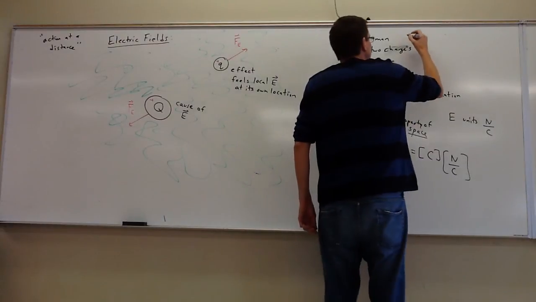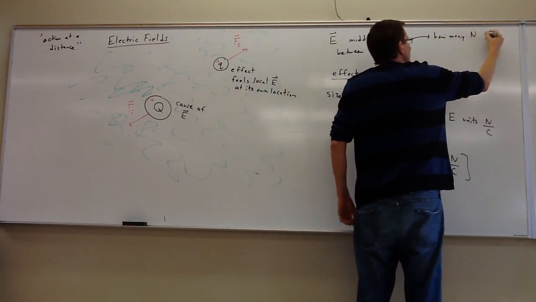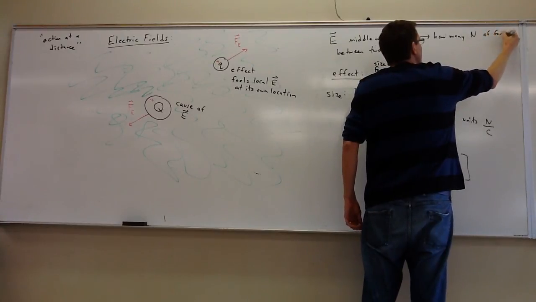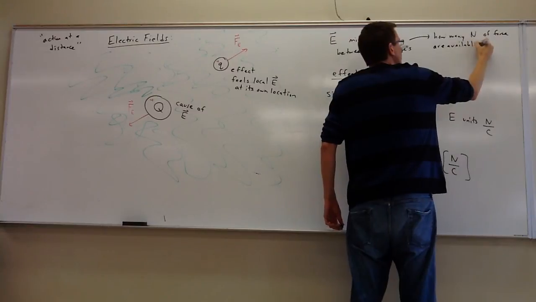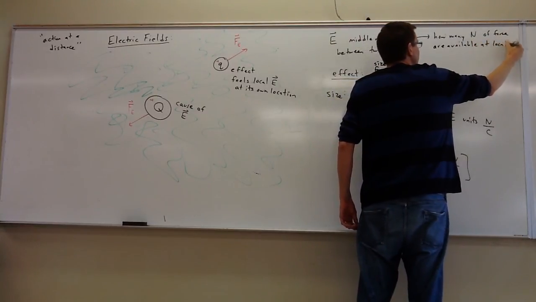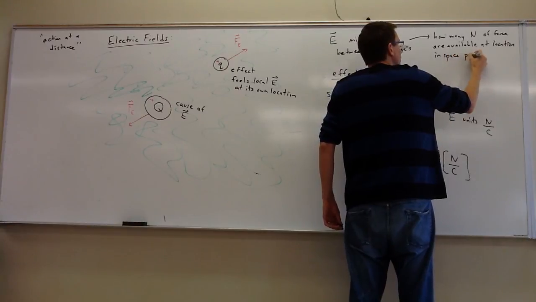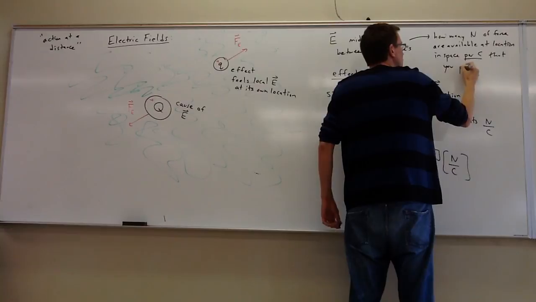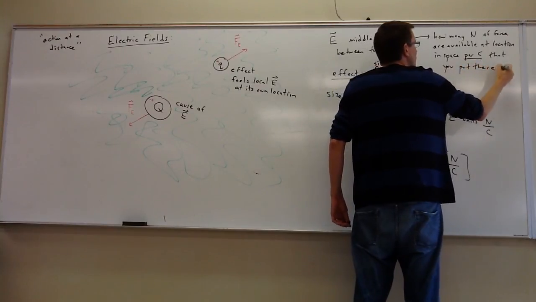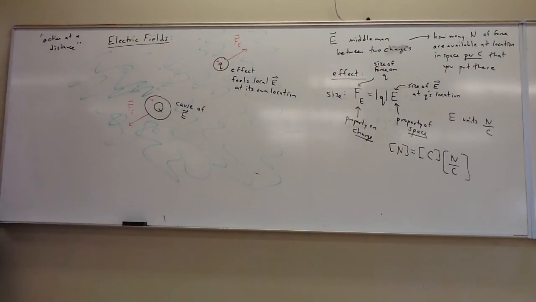The electric field states how many newtons of force are available at a location in space per coulomb that you place there. That's one way to think about what the electric field is telling you.